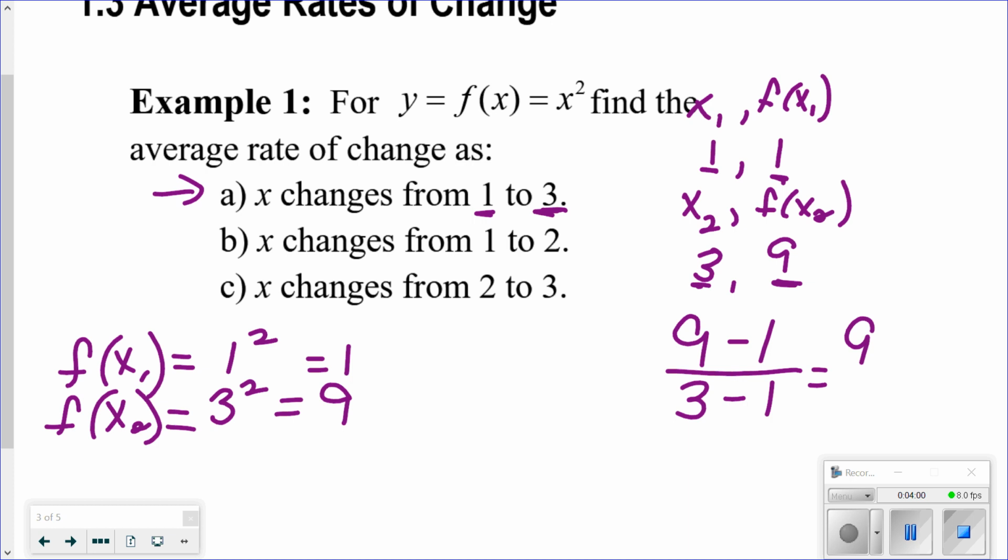So we get 9 over 3 for a slope of 3. Okay, we could do that again for the next two, but I think you probably get the idea. We plug the first x in, get a y value, plug the second x in, get a y value, and then use those ordered pairs to find our slope. Remember, your y value is always the output when you put a specific x value in.